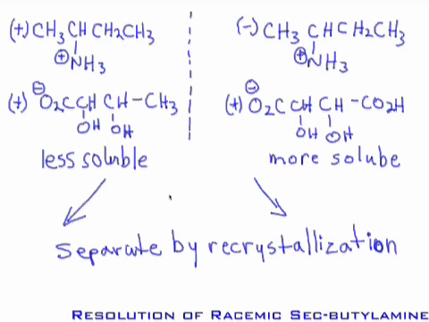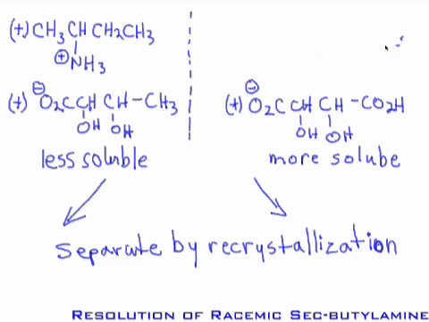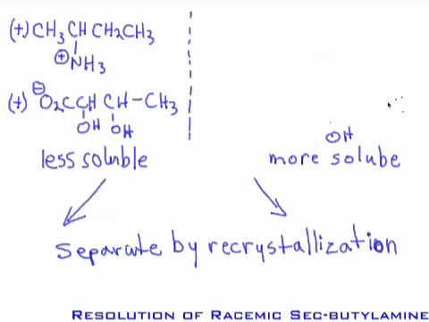How? Well, once we've actually done the separation, I now have the one diastereomer all by itself in this separate container, the one enantiomer of sec-butylamine. So now I've recrystallized, filtered off my crystals, I've collected the crystals, I can dissolve them up again. Now they're a pure diastereomer.